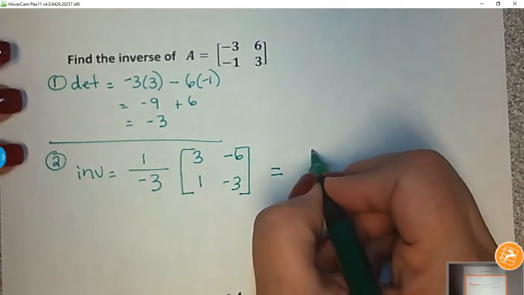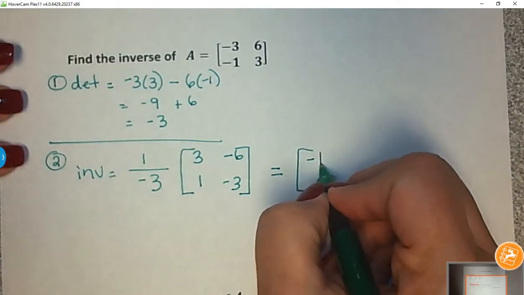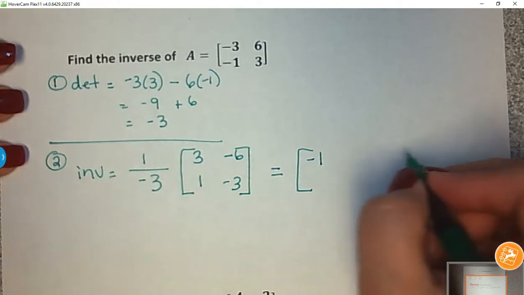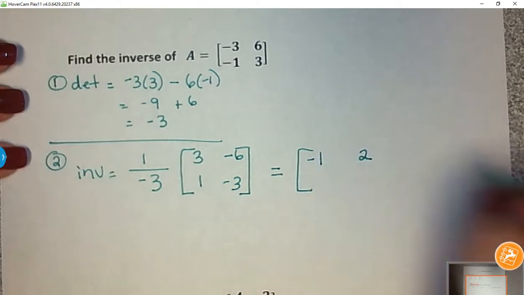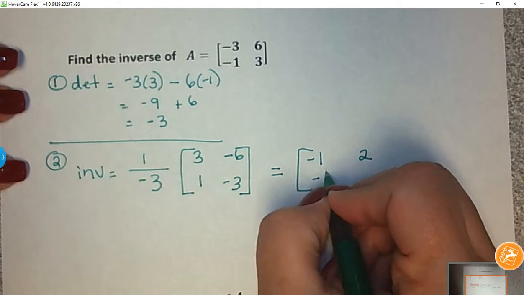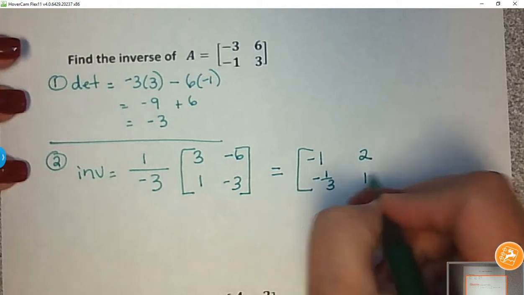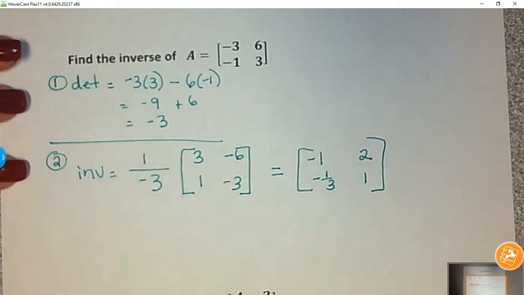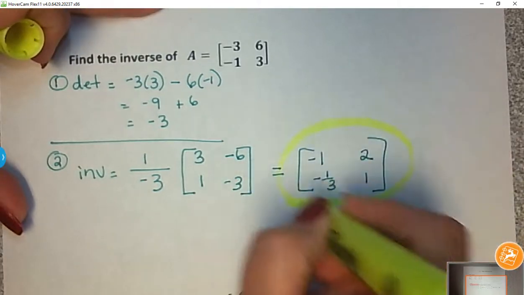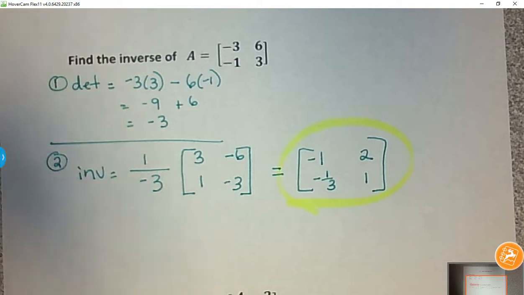-1/3 times 3 gives me -1. -1/3 times -6 gives me a +2. On the bottom row, I'm going to get -1/3 and +1. This is the inverse of that original matrix. Yeah.